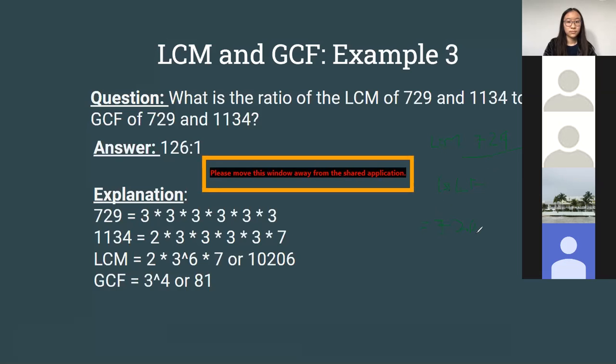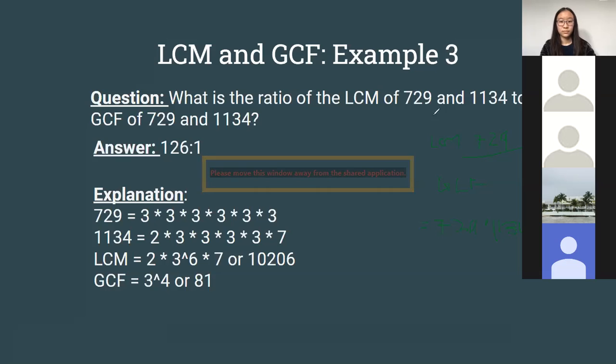The LCM and GCF of two numbers multiplied is equal to the product of those numbers. This is really important because it can help you not waste so much time on harder problems like these. They use bigger numbers because there's more room for error.